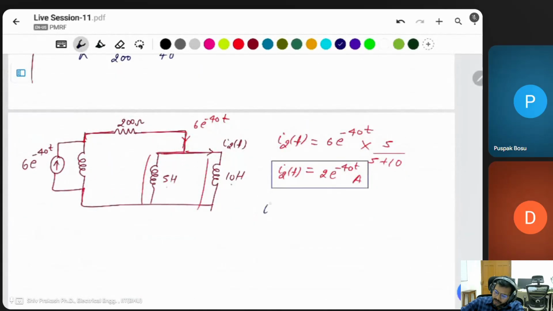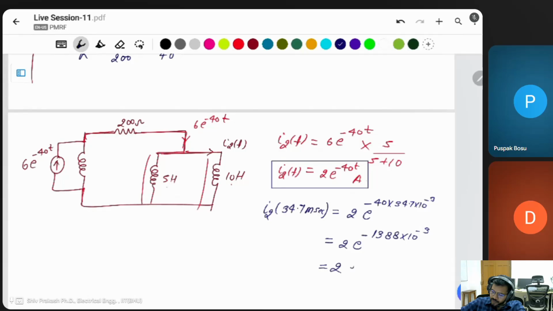I2 at 34.7 millisecond is 2 into e to power of minus 40 into 34.7 into 10 to power of minus 3. 40 into 34.7 is 1388, into 10 to power of minus 3.